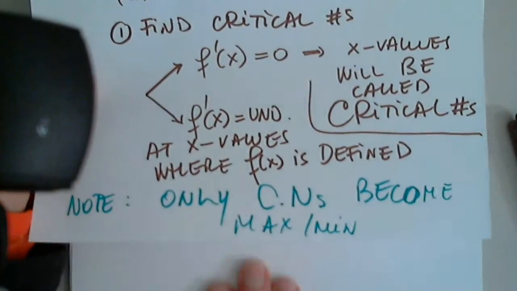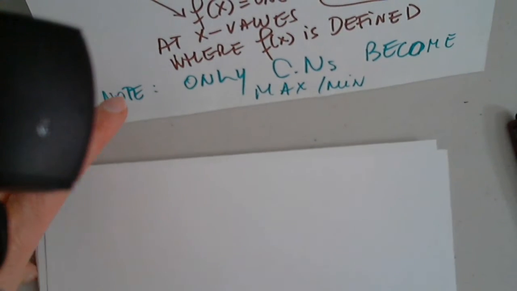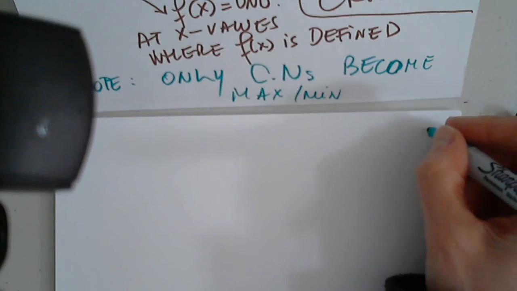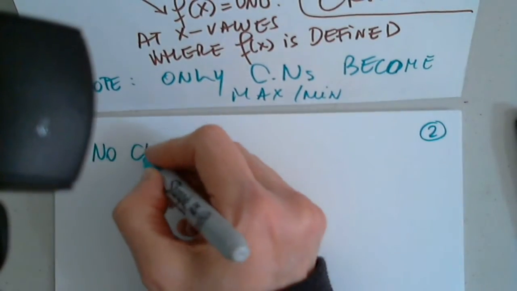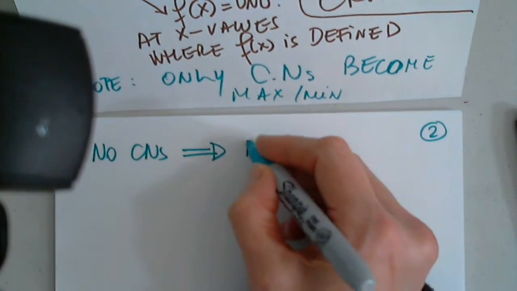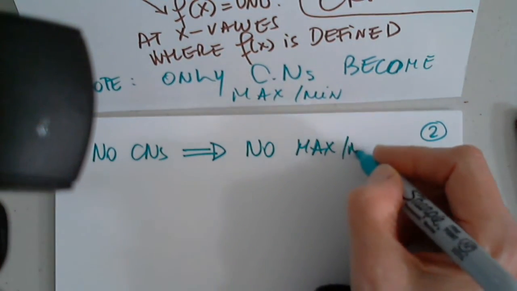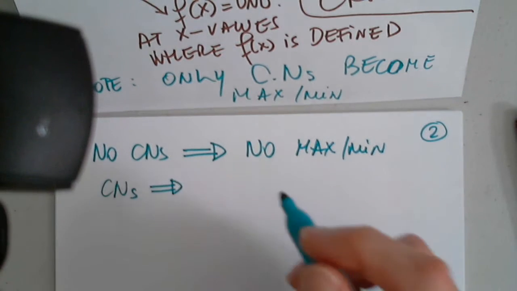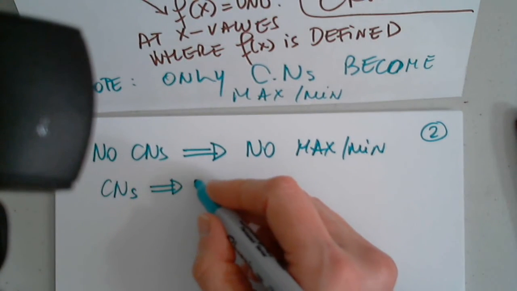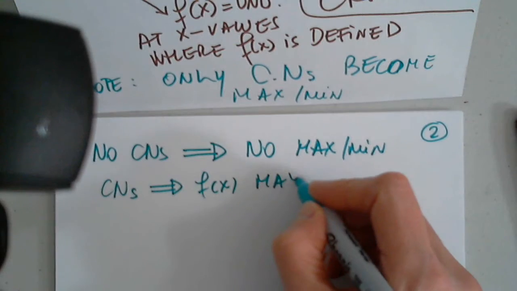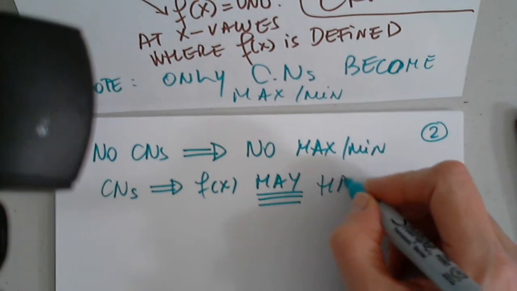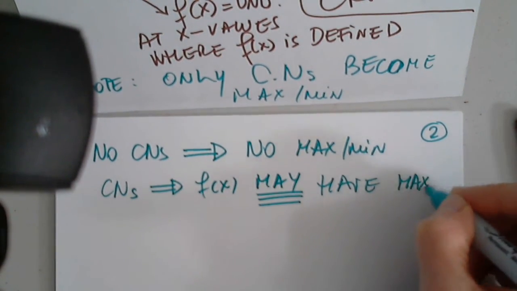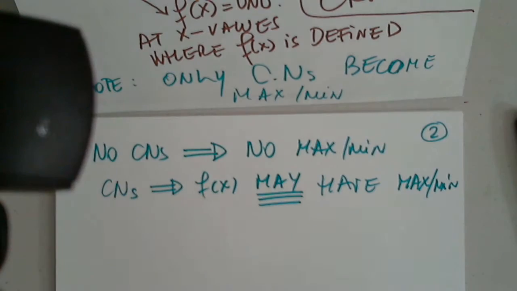Let me write this down for you. If a function has no critical numbers, it's guaranteed not to have max-min. No critical numbers implies no max-min. Critical numbers implies f of x may have max-min. No guarantee. Something else has to happen.